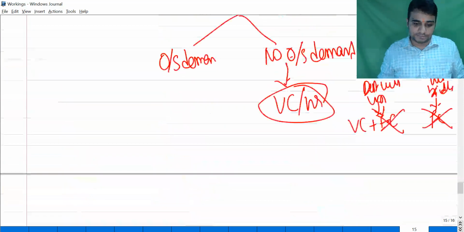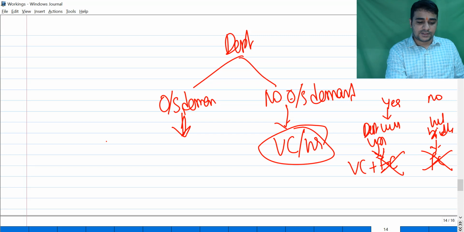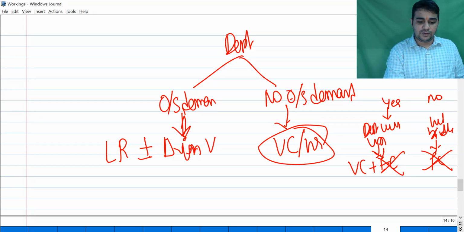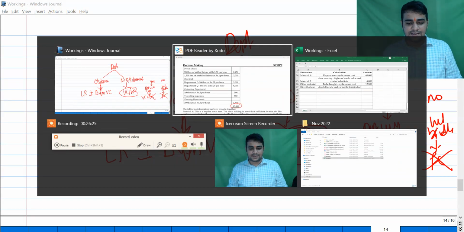So here, if you have outside demand, the relevant cost is lost revenue plus or minus change in variable cost. In this question, I think you may need some extra 10 lines or so.